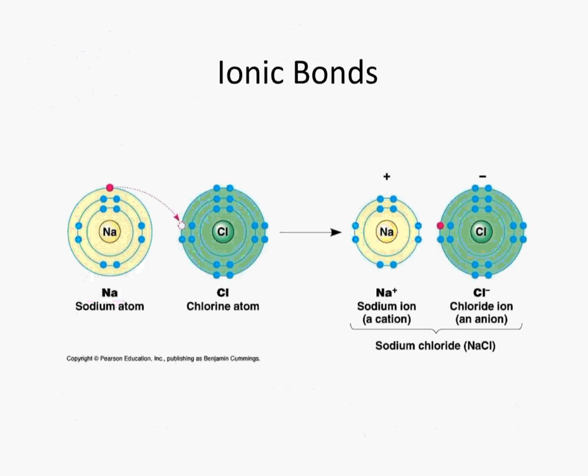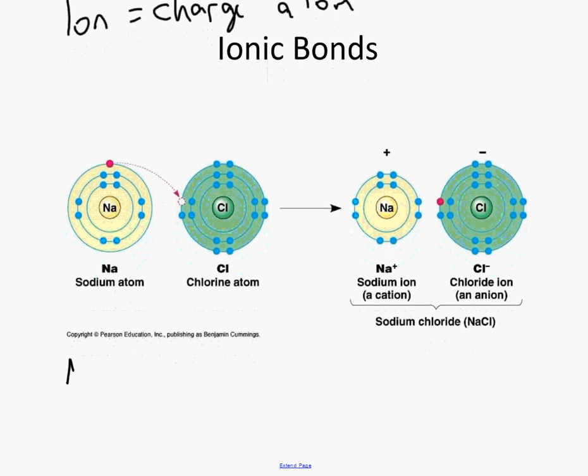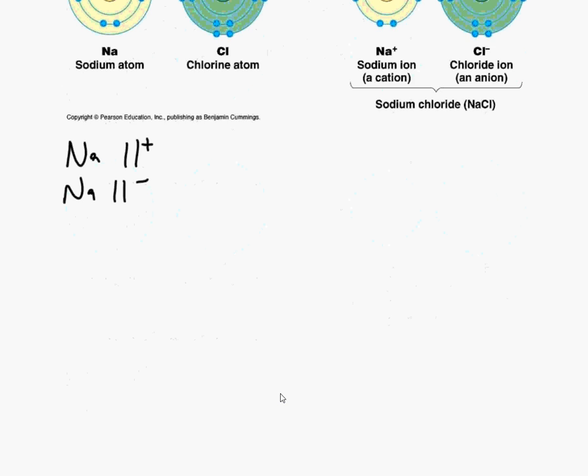Another type of bond is called an ionic bond. An ionic bond is where, first of all, let's talk about what an ion is. An ion is a charged atom. What do we mean by that? Well, let's look here at this sodium. Sodium has 11 protons and thus has 11 electrons normally.